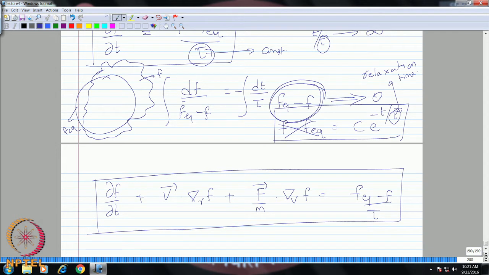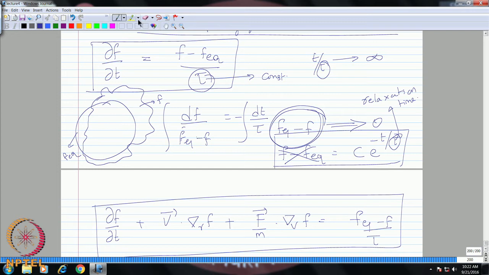Let me check the signs. If I am saying it is F equilibrium minus F, it should be F equilibrium minus F. So, I think here I should change the sign. Please correct it. This should be F equilibrium minus F here. So, this part again now changes to F minus F equilibrium.